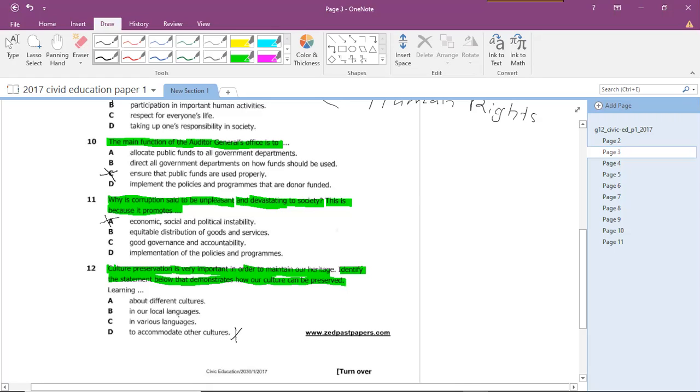Learning in our own local languages and learning in various languages will not preserve our own culture, because we'll be using our own language to teach about other cultures. Imagine you're using your local language.